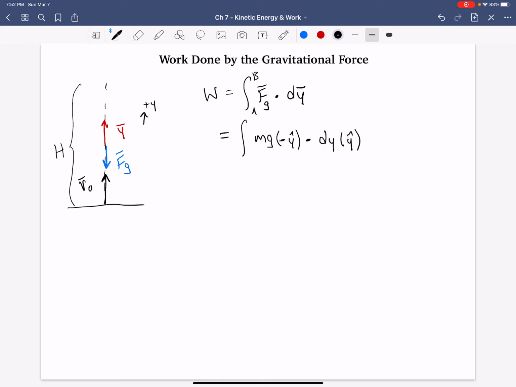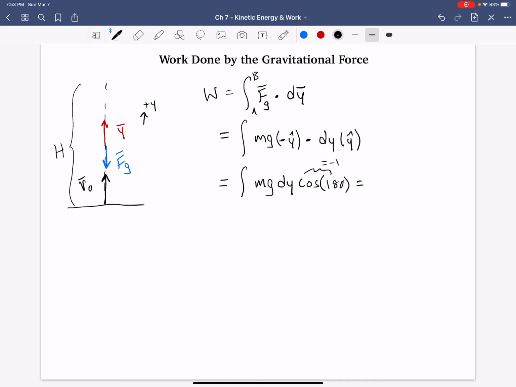Now, evaluating the magnitude of this dot product, we're doing the integral last, so we have the magnitude of both vectors: mg times dy times cosine of the angle in between. Well, what's the angle in between negative y hat and y hat? That's 180, and so cosine equals negative 1.